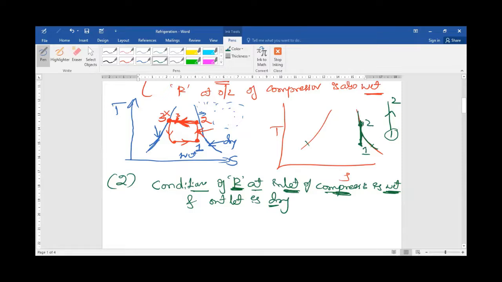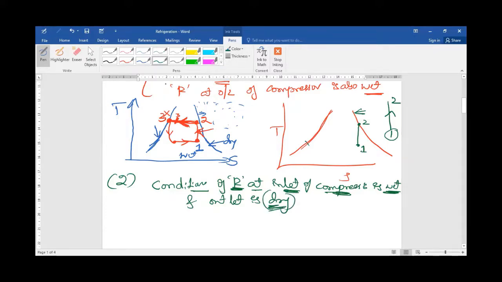So point number 2 is on vapor line. You have to draw in such a way that, let me do it. I will erase this and I will draw once again, so you will understand easily. Okay, so this is vapor line, this is liquid line. Now I am plotting. Compressor inlet is wet, so here is wet, point number 1, and outlet is dry. I have to draw like this. So point number 2 should be on vapor line because he has used dry at the outlet.